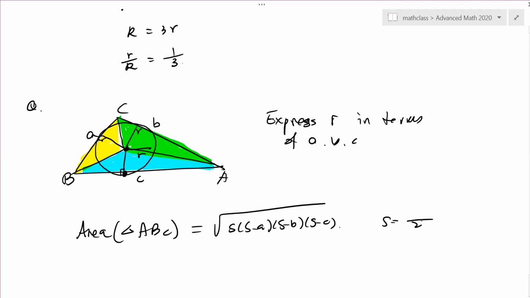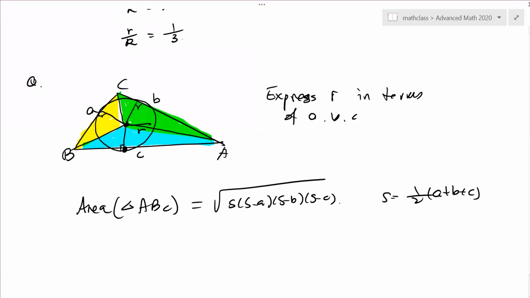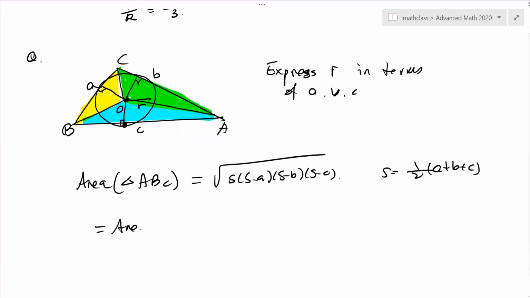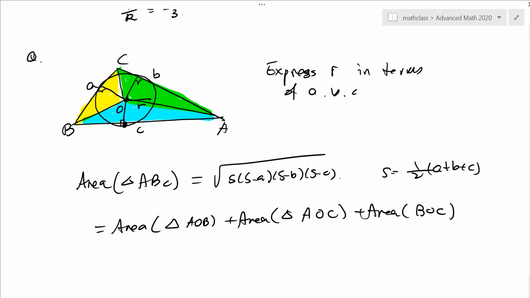Here, S is going to be half of a plus b plus c, right? But on the other hand, it's the area of the three triangles. So it's going to be the area of triangle AOB plus the area of triangle AOC plus the area of triangle BOC.